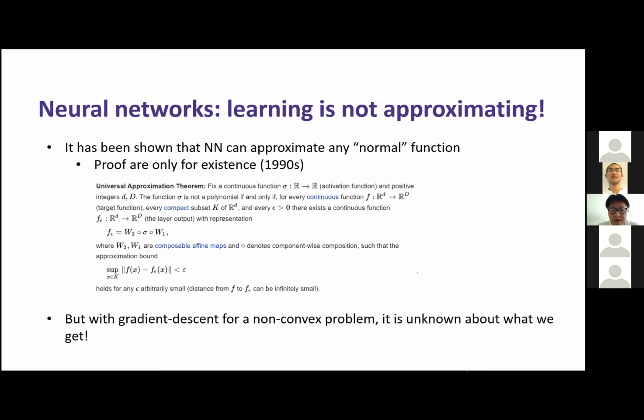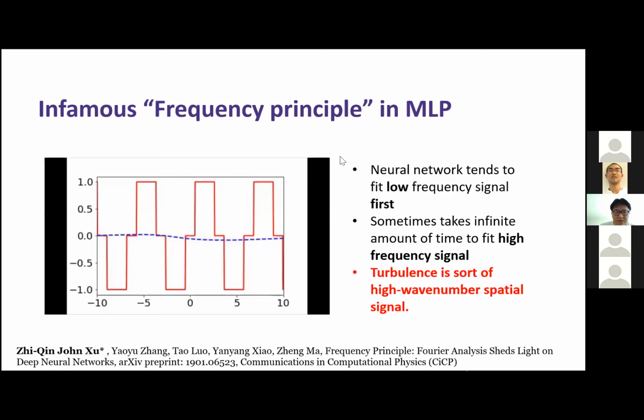Given the error you can tolerate, you can always find some combination of weights and biases to fit the function. However, with gradient descent on a non-convex problem, we actually don't know what we're going to get at the end of the day. This is a very interesting phenomenon that was pointed out by Professor Xu at Shanghai Jiao Tong University.